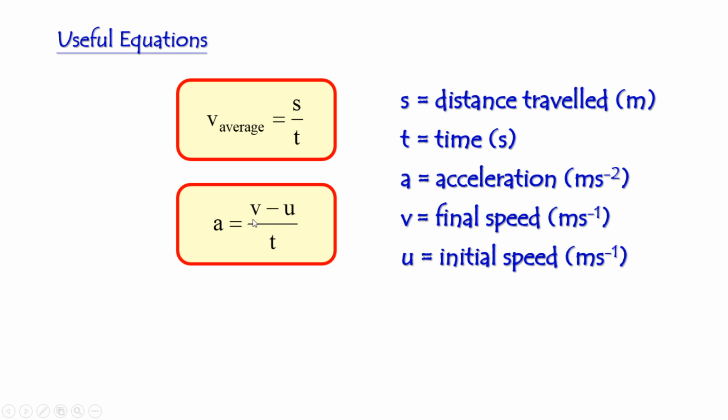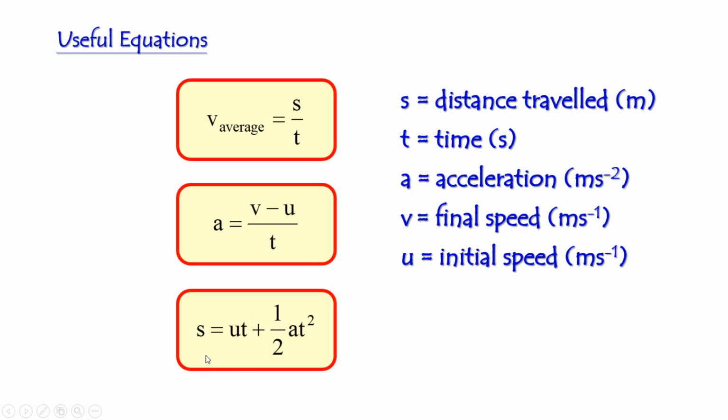That means it is the change in speed of the object, and then divided by the time taken, the same symbol T. Then you can find out how the object changes its speed with time, or the rate of change of its speed. And we have a new equation in this section. It is about the distance traveled by an object during the accelerated motion. So these three are very useful formulas for this chapter.